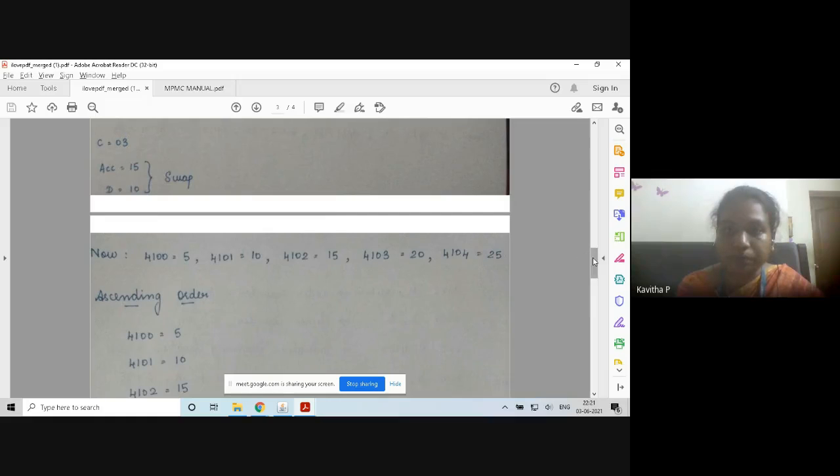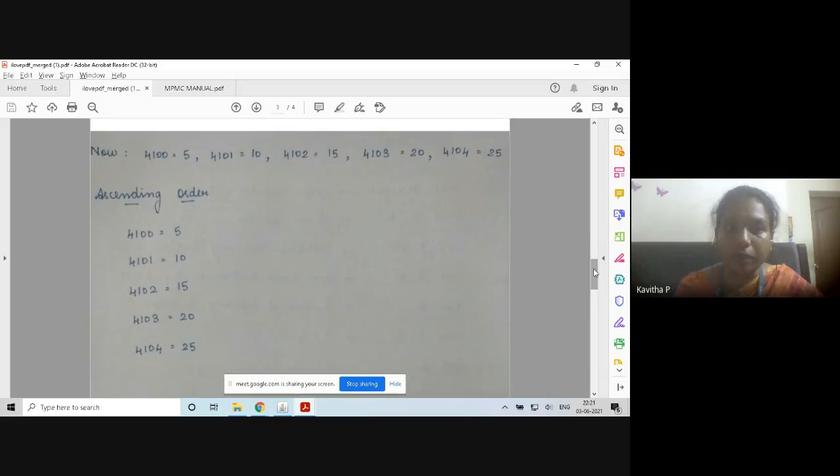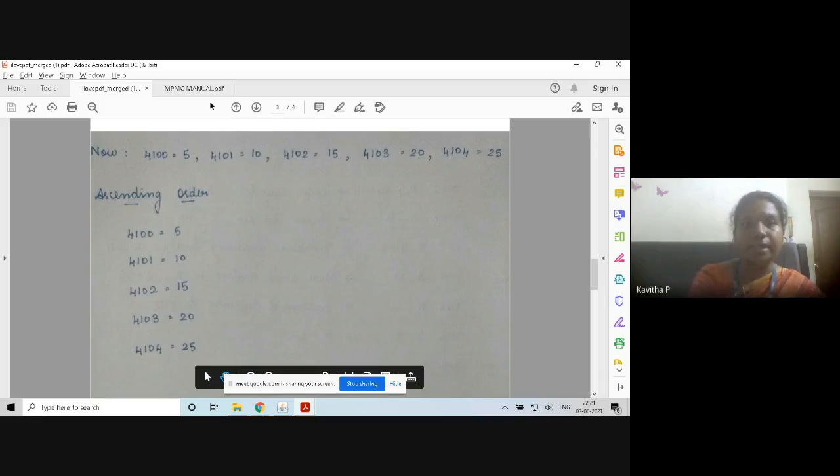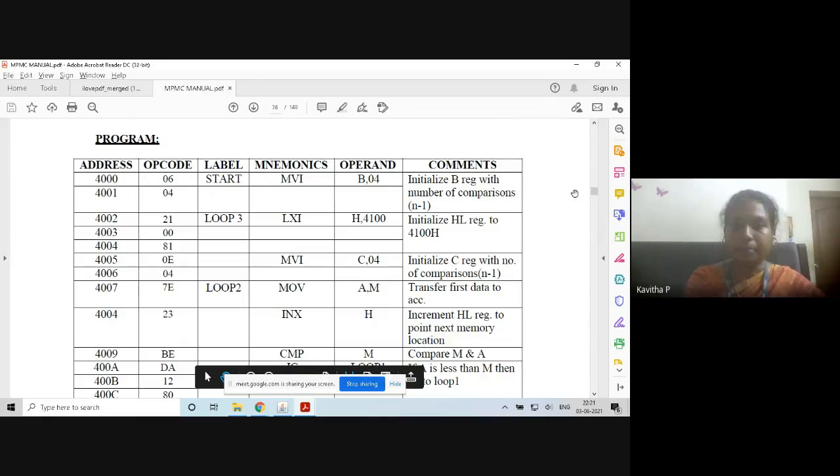So after the process is complete, 4100 holds the value 5, 4101 is 10, 4102 is 15, 4103 is 20, and 4104 is 25. So we have now got the values arranged from the smallest towards the largest, which is the ascending order. Next, we will look at the program.